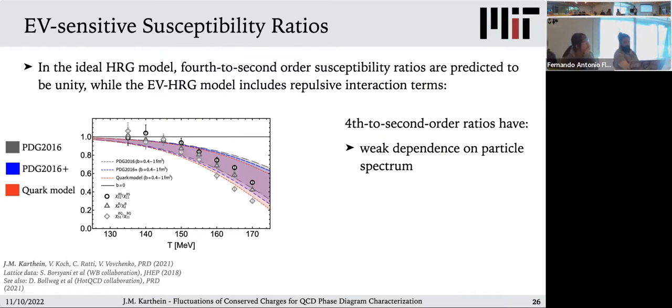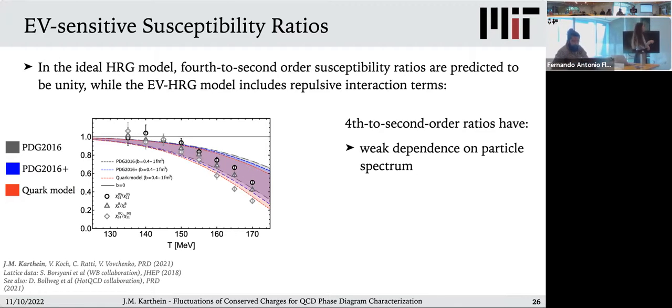Okay, so if we first want to constrain this new free parameter that we added, the hardcore radius b, we can look at all three of these different lists, UrQMD, 2016 and 2016 plus, and we see that for these different ratios of fourth order moments, so I have χ4B over χ2B, but I also have mixed susceptibilities, the fourth to second order baryon strangeness and the fourth to second order baryon charge.